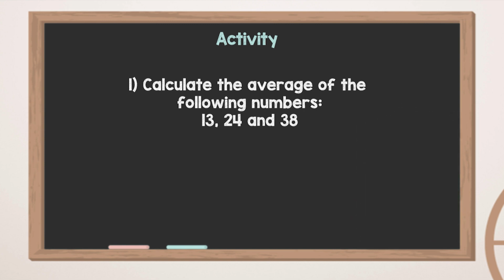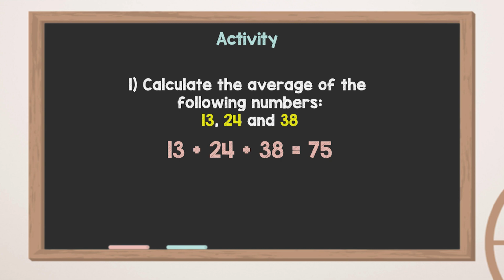So boys and girls, let's see what you have. Let's work this together. Sum of numbers equals 13 plus 24 plus 38, which will give us a total of 75. Number of addends, how many numbers did you add? Let's count them. 1, 2, 3. So the number of addends is equal to 3.